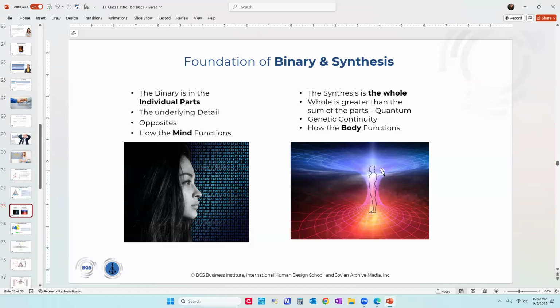It's also how the body functions in a total experience. But in this journey, we're going to keep going through both, right? We're going to keep breaking down all of these individual parts, but then I'm going to keep bringing us back to the whole. How does this relate to the whole? What do we notice about how these individual parts are coming together?